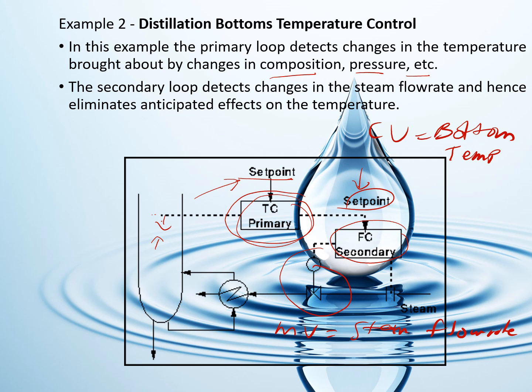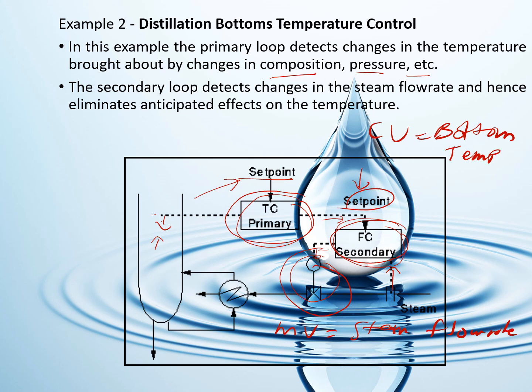So now it will get two data, one from the primary and one from the sensor at the steam flow rate, and it will do a corrective action based on both data, and will send the data to the final control element, and the final control element will do the action to cater to the problem mentioned just now.